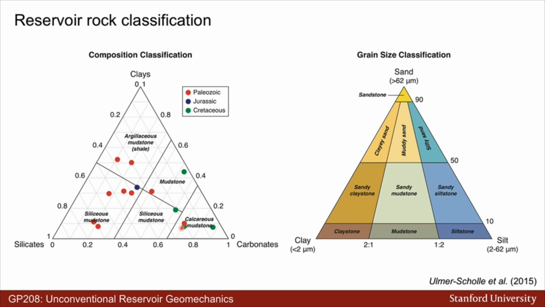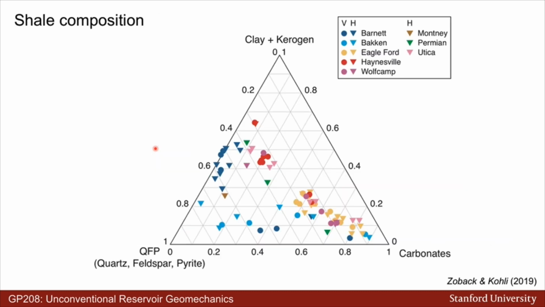That transitions all the way to the left side of the plot where we have more siliceous mudstones and to the top of the plot where we have argillaceous or clay-rich mudstones. So this is an important classification to keep in mind when we start talking about the mechanical properties of these rocks. The space that we'll look at most commonly in terms of these ternary diagrams will be something that's specifically adapted to these shale reservoir rocks.